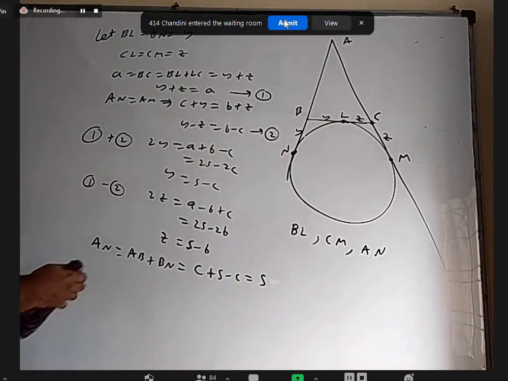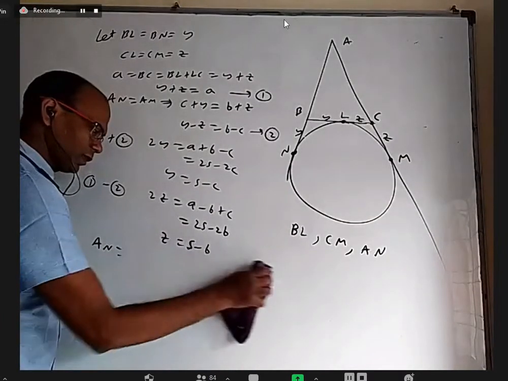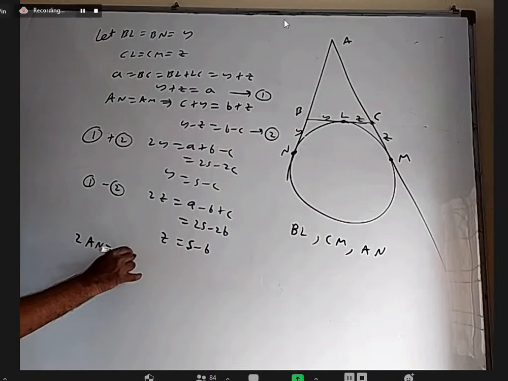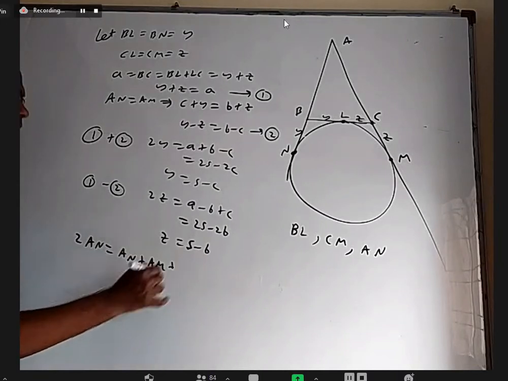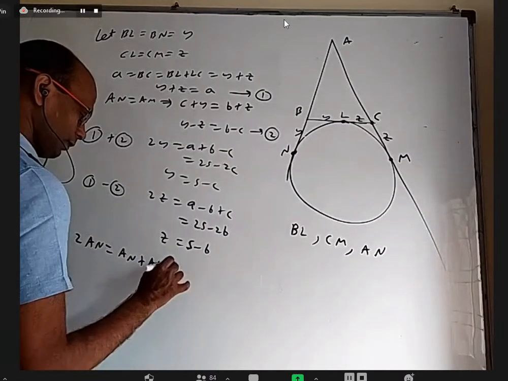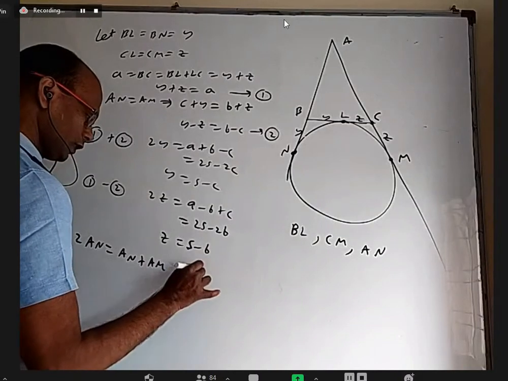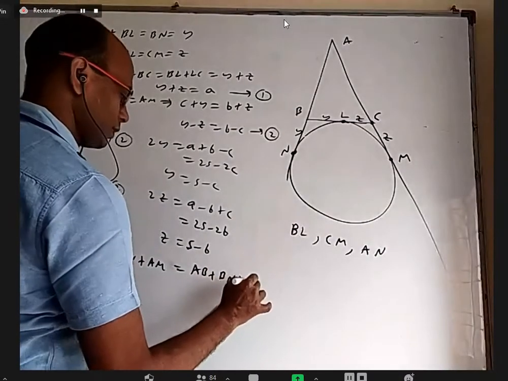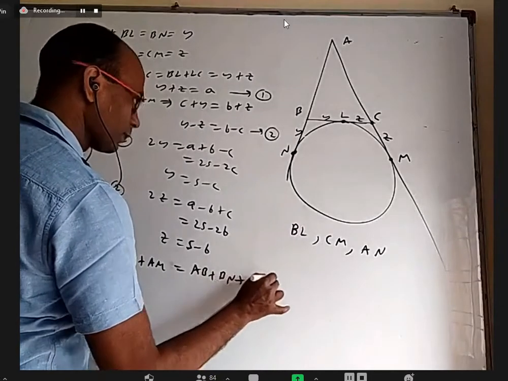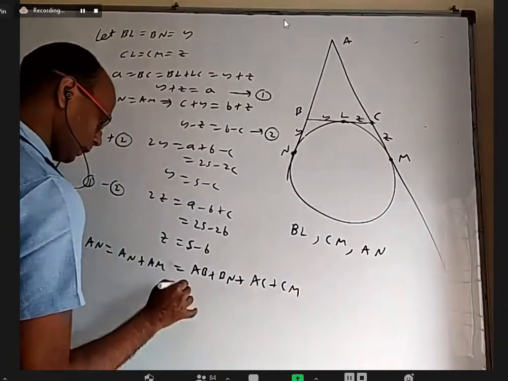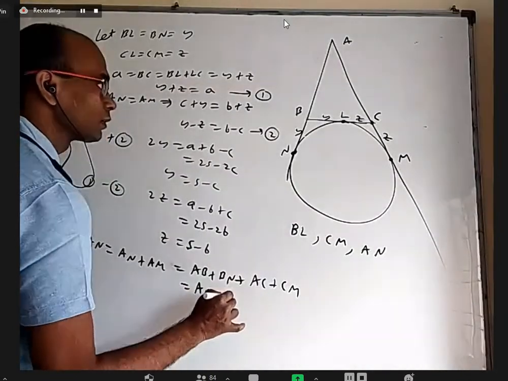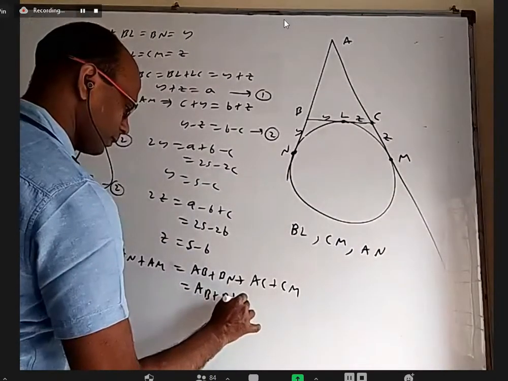Maybe I'll try to write that just to have some clarity. I will write like this: 2AN is equal to AN plus AN. AN is AB plus BN. AM is AC plus CN. AB plus BN, I can write it as BL.